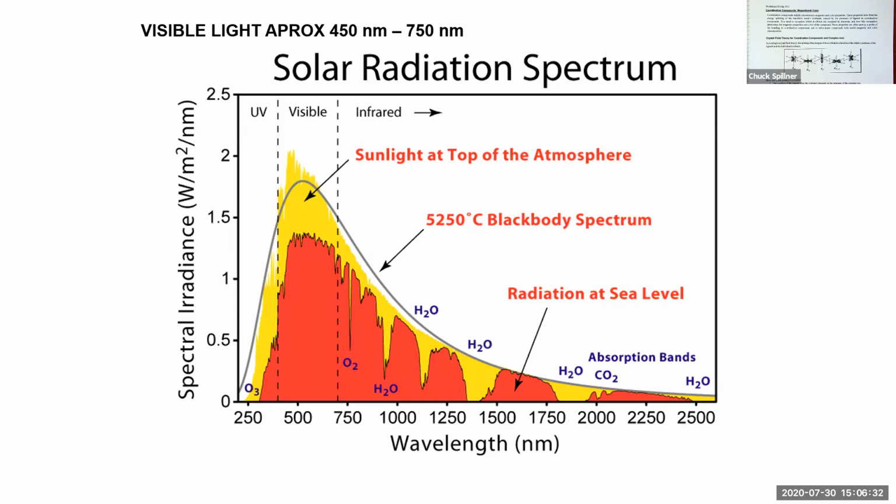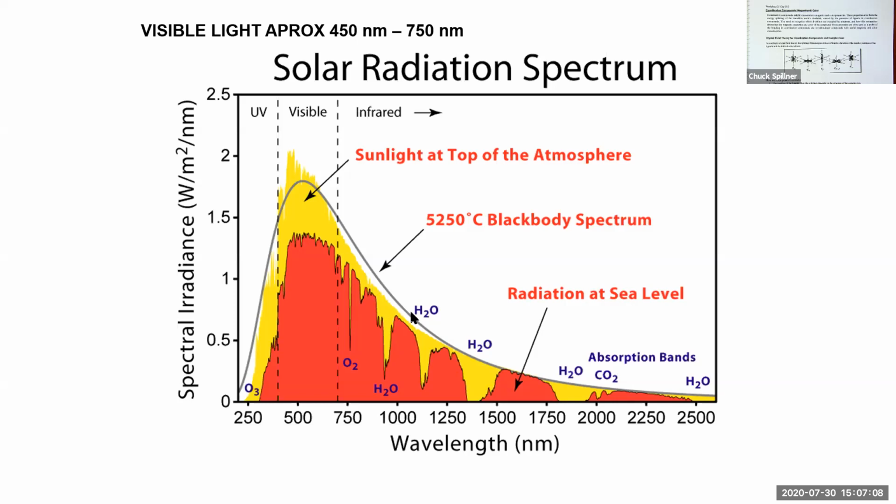This also shows the radiation that impacts the surface of the Earth at sea level. That's what's in red. So those are the wavelengths that get down to us at sea level as the solar radiation goes through the atmosphere. There are a few dips in this. These little dips in this red region are the radiation that is absorbed by water vapor in the atmosphere.